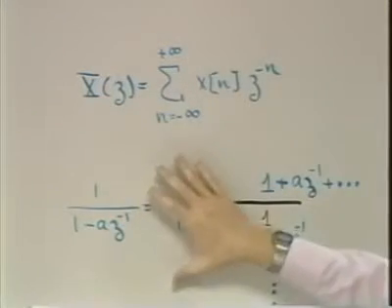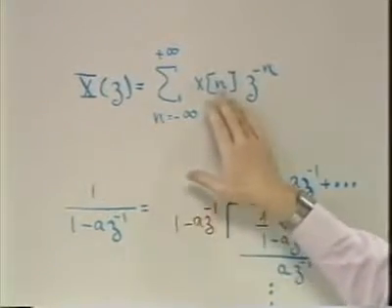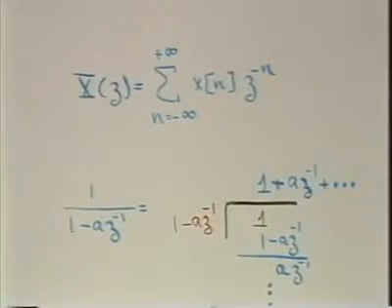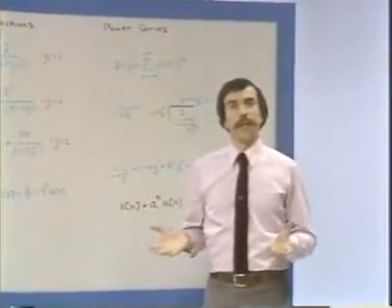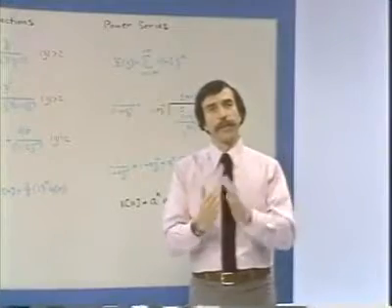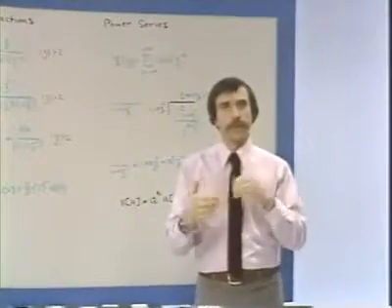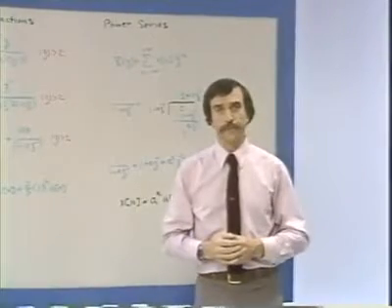Okay, and so by simply doing long division, for example, we can also get the inverse transform. And that, by the way, is very useful, particularly if we want to get the inverse z transform for a z transform expression which is not rational.